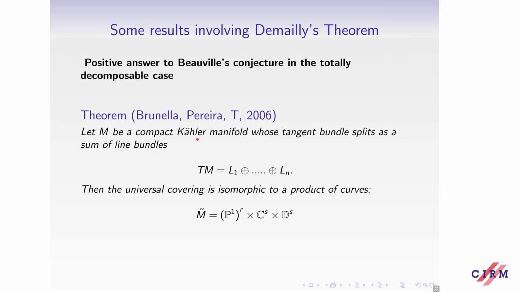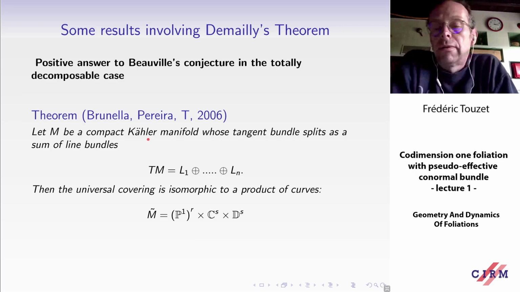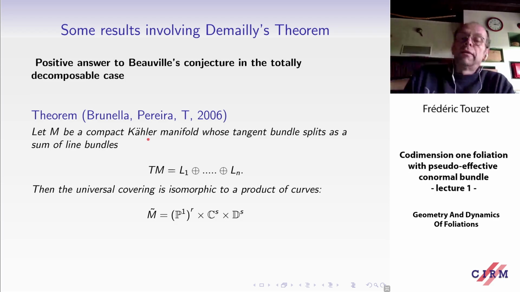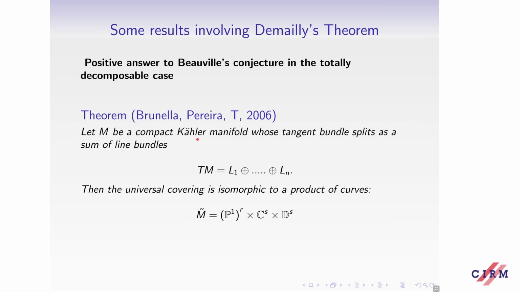On this topic, there were previous results of Beauville in the case of surfaces, and also of Stéphane Druel in the projective situations. So I will not give any further explanations on the proof of the theorem.